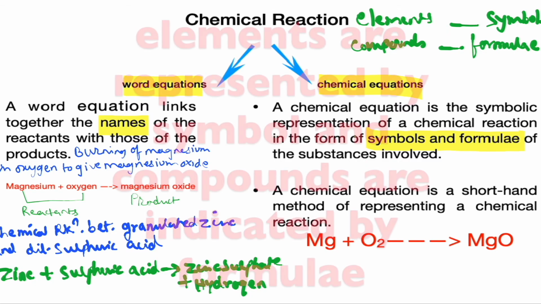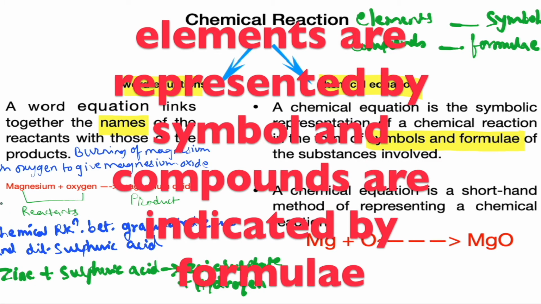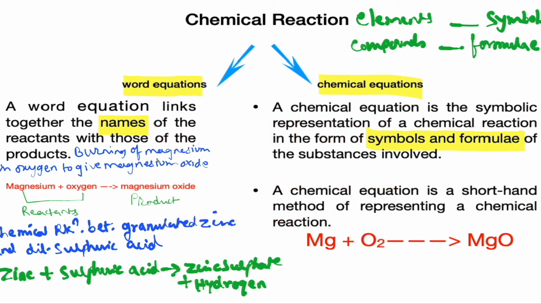So for this word equation, burning of magnesium in oxygen to give magnesium oxide, the chemical equation in the form of symbols and formulae will be written as Mg. Mg is for the magnesium element and O2 is for oxygen element, and magnesium oxide is the compound, so it is written MgO, the formula.